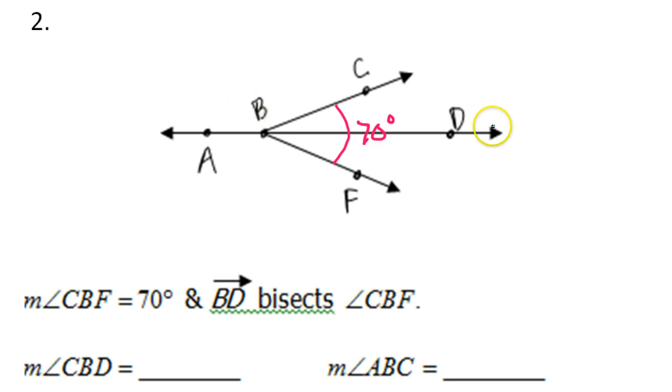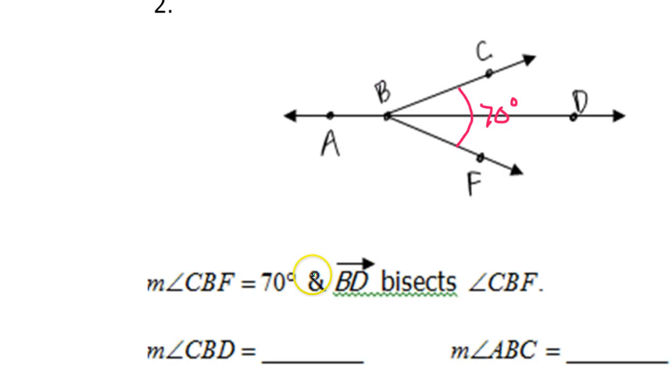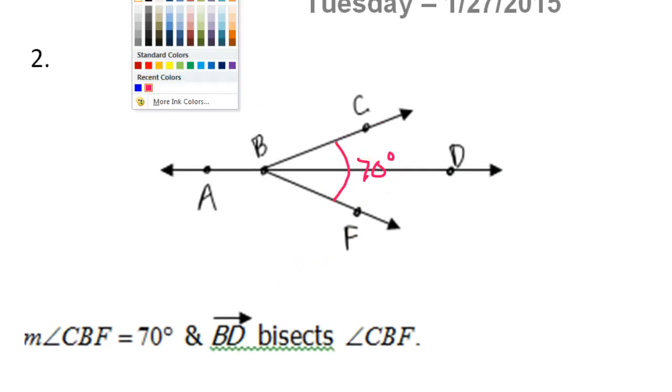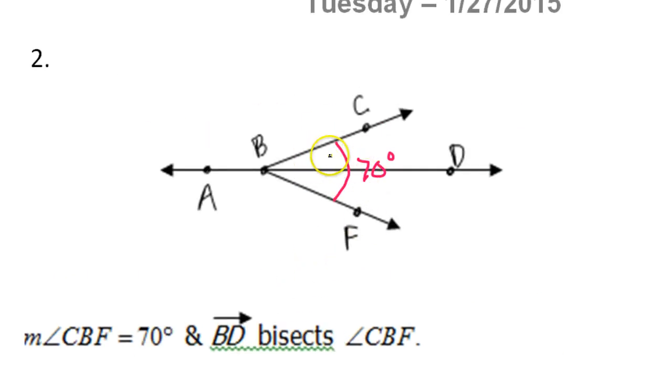So ray BD, right here, divides angle CBF into two congruent angles. So of course that means if the whole thing is 70, then half of 70 is 35. So this will be 35 degrees and this will be 35 degrees for a total of 70.